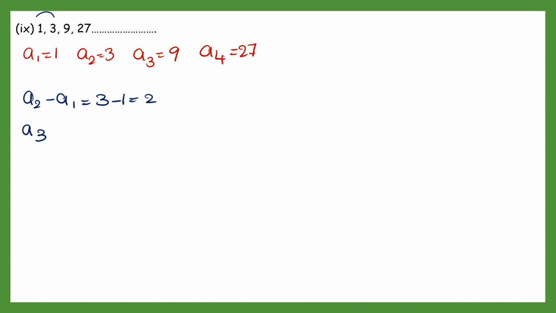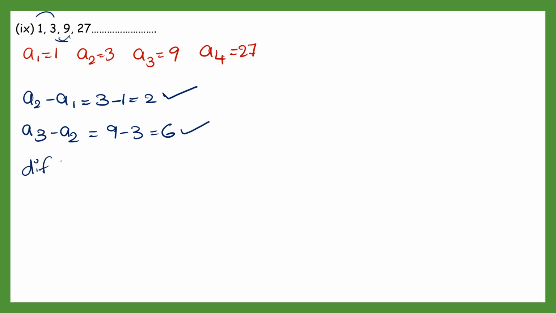Now let's find A3 minus A2, which are also consecutive. So 9 minus 3 is what? 6. If you observe here itself, the difference is not the same. The difference between the second term and first term, and the third term and second term, is not the same.